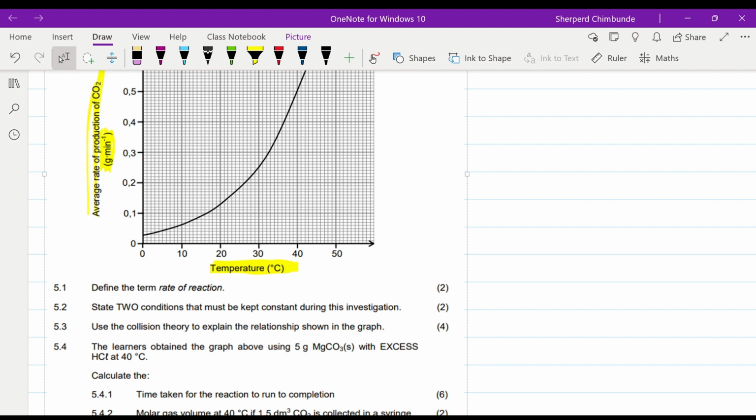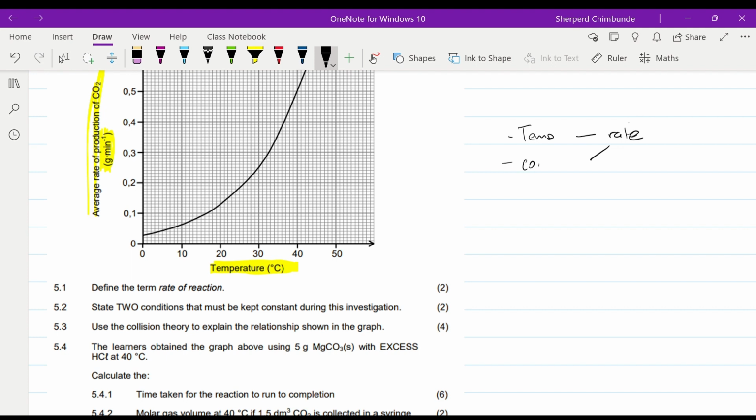Now state two conditions that must be kept constant during this investigation. So in this investigation, they are investigating the relationship between temperature and rate of reaction. So what are the other things that affect rate of reaction which need to be maintained as constant here? There are so many other things that affect rates of reaction.